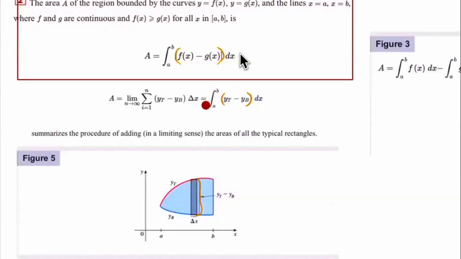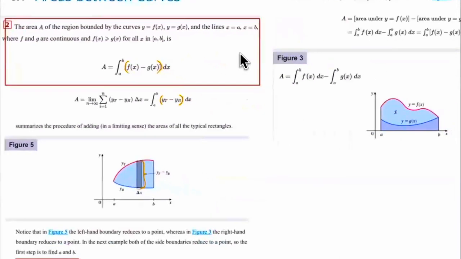Think about that integration as adding up all those small rectangles. Each rectangle is y top minus y bottom multiplied by delta x. Then integrating them, x goes from a to b, you get the area between these two curves. So it's y on top, subtract y at the bottom.